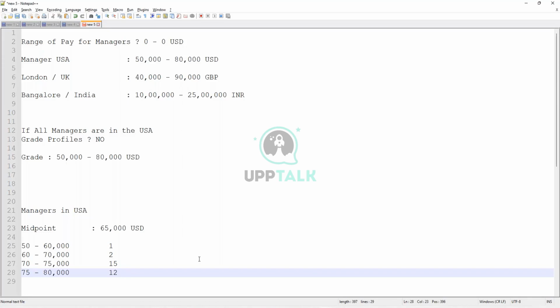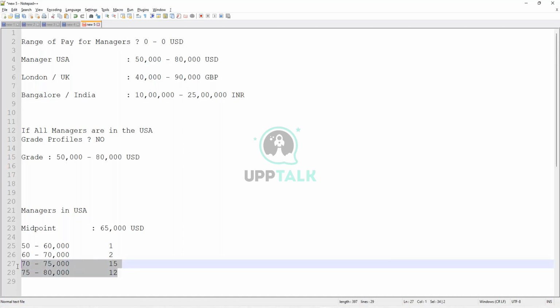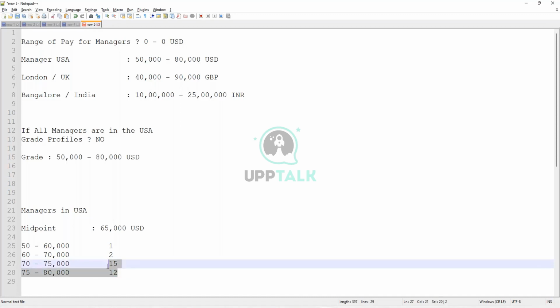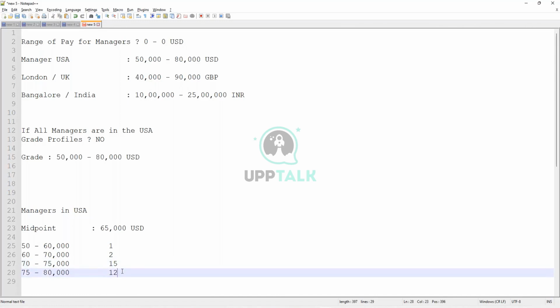So when the organization looks at this kind of data, the management knows that some of these people, 27 people, are in the $70,000 to $80,000 range. That means maybe we have to promote some of these people to the next level, right? Or maybe we have to let some of these people go because our cost is becoming too high.